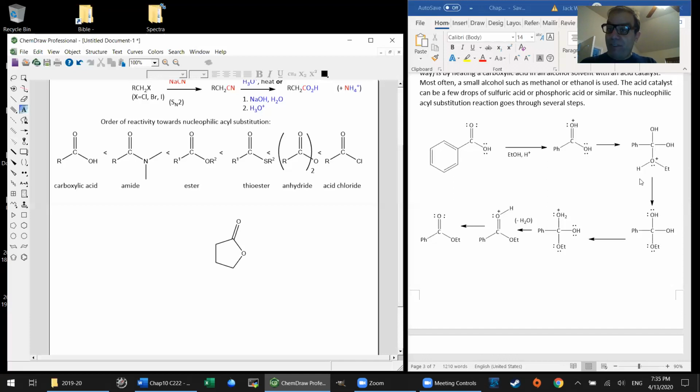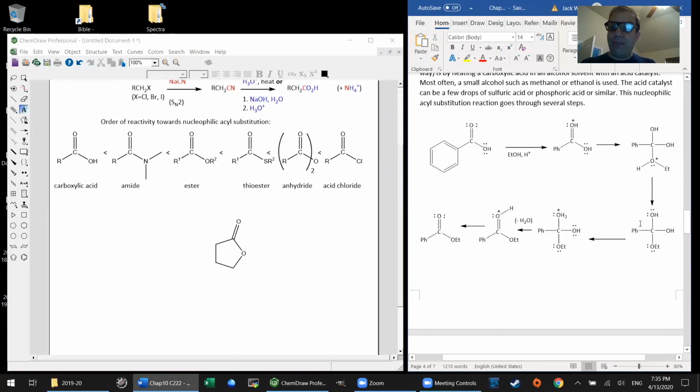So just as in chapter 9, we need to get our proton off of this oxygen, and then we need to get a proton onto one of these two OH groups. It doesn't matter which, those two OH groups are the same. So this can be mediated by an ethanol molecule, which can act as our base and pull that proton off. Remember, alcohols are amphoteric, as we pointed out in chapter 9.